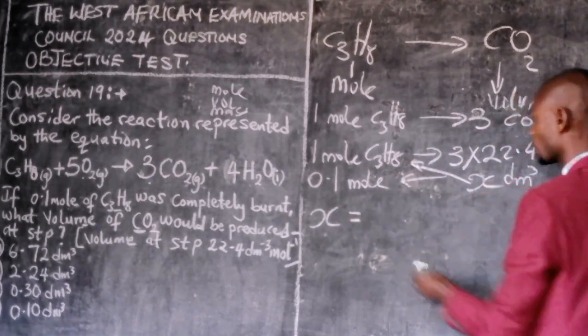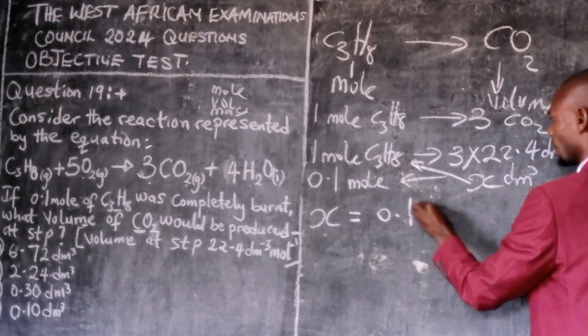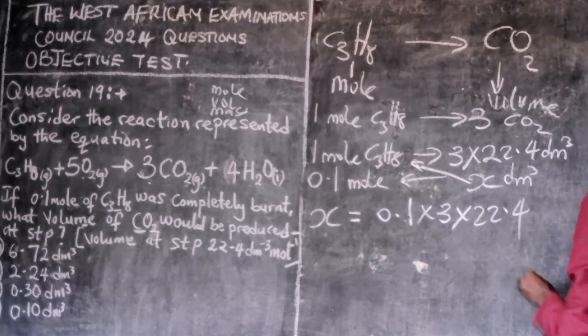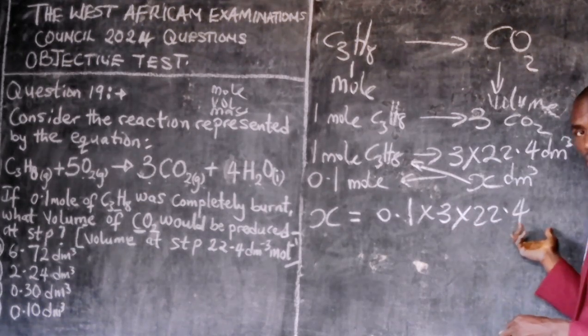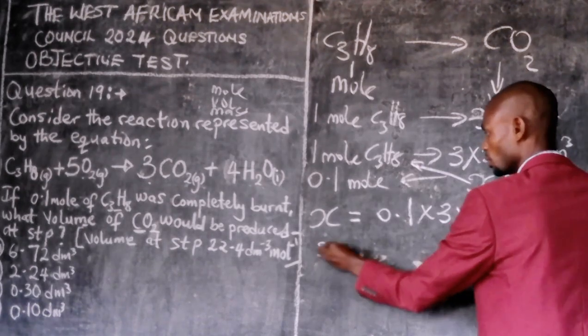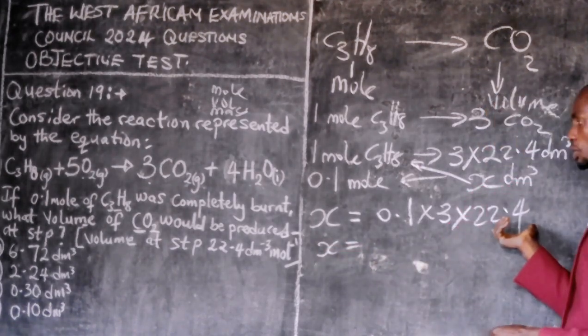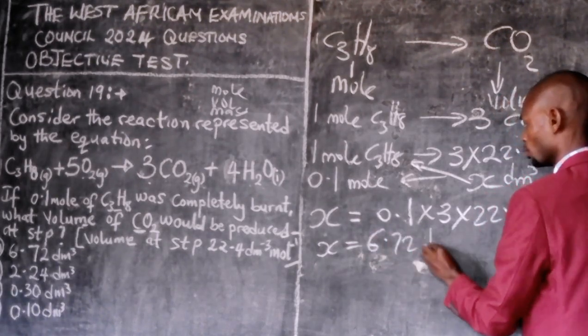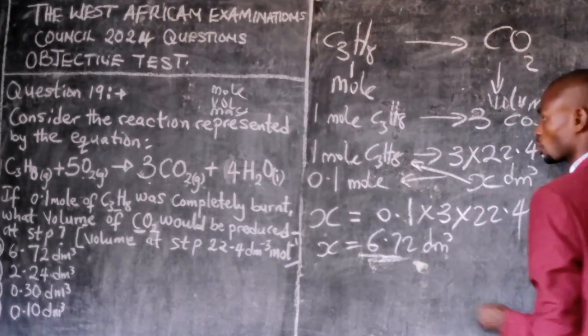That is, X is equal to 0.1 multiplied by 3 times 22.4 dm³. You can pick your calculator now and type the question there. So what do you get? Our final answer is 6.72 dm³, which is option A.